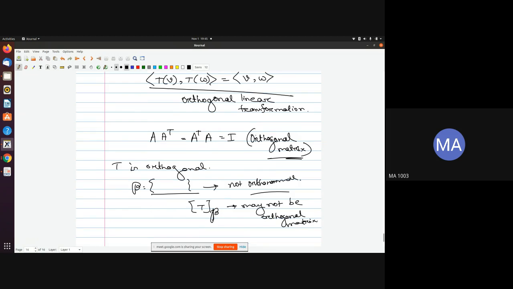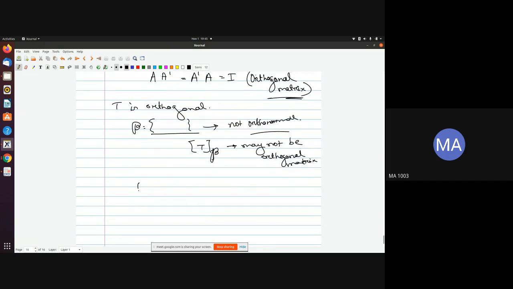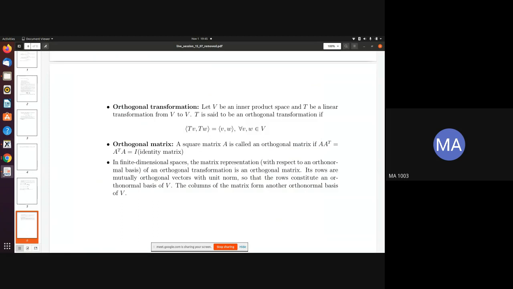It will be orthogonal, or it must be orthogonal, if the basis beta you are taking is orthonormal. Only then is T beta prime an orthogonal matrix. Okay. So this is what the definitions are, and you know that the rows are mutually orthogonal vectors with unit norm.